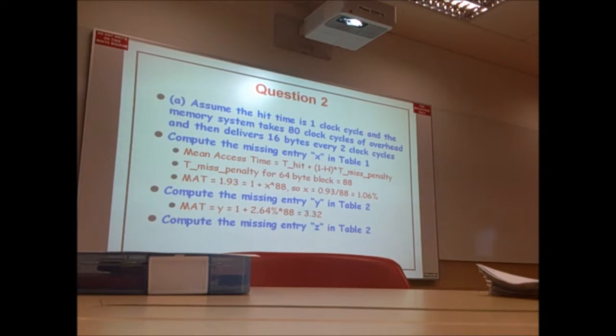Can anybody do the last one for me? The value of z in the second table, again, it's a mean access time for block size 64. Can somebody calculate what z should be? It's the same formula, yes? 1.45, okay.